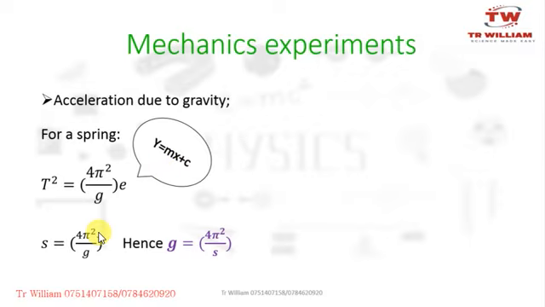Okay, so if I already have a value from the graph, which is the slope, I've calculated it from the graph, then 4 pi squared I can get. So I will be able to get my acceleration due to gravity by doing the cross multiplication, then g goes here and the slope comes down. I'll be able to get the acceleration due to gravity. So that is how one gets to know how to get the acceleration due to gravity using a spring.